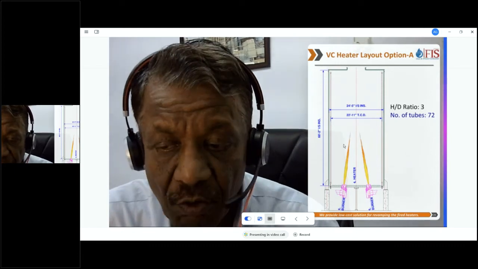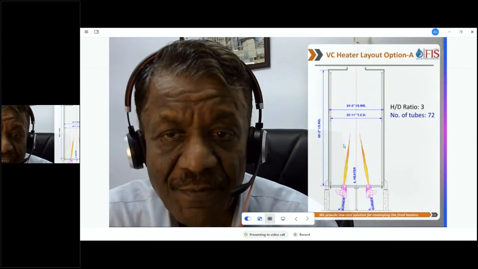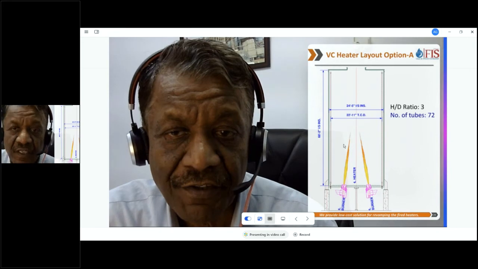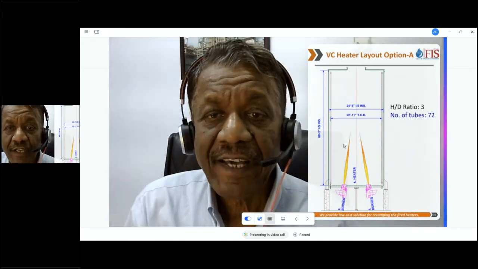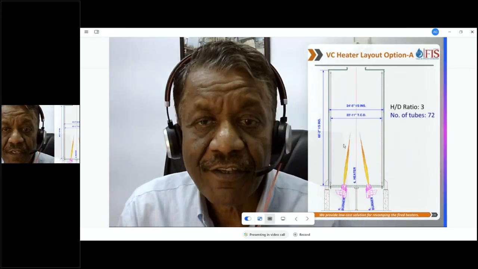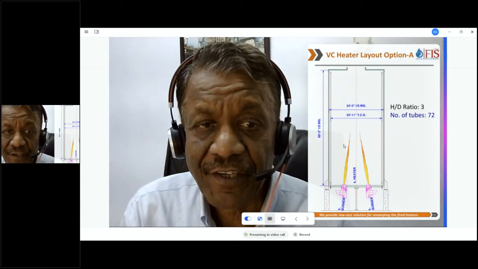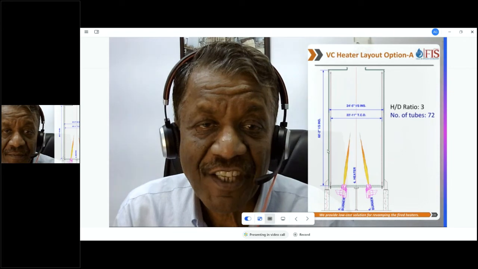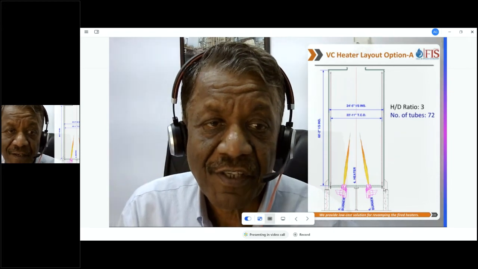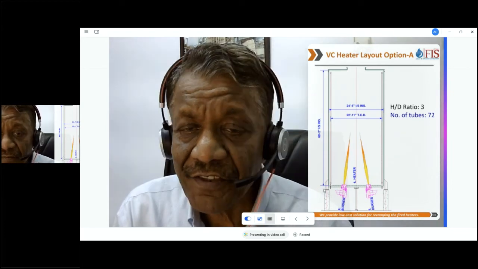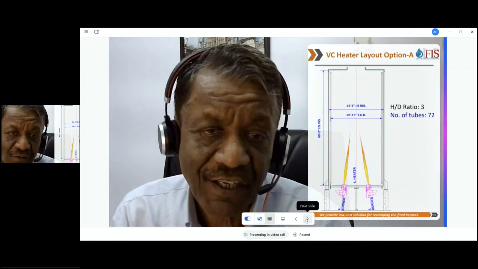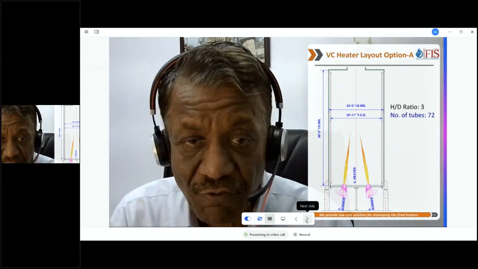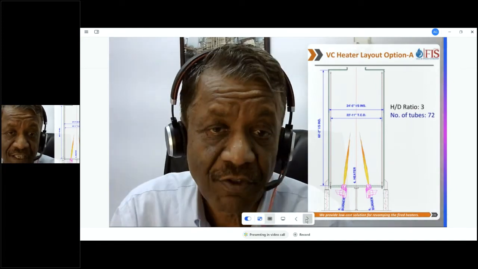Although the higher the H by D ratio, the lower the cost. A tall, narrow heater is always cheaper than a short, stubby heater. So if I wanted to save money, we could have given this design, but we decided against this because we didn't really like it. It was violating API requirement also from that time. Now they have relaxed it.